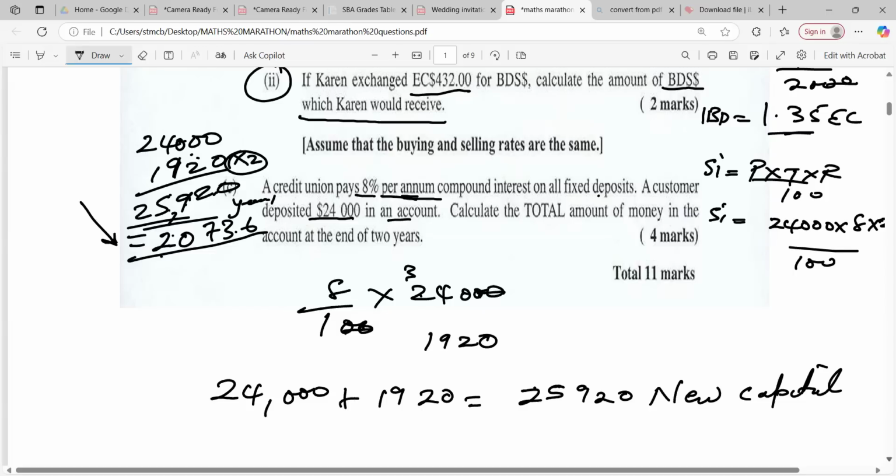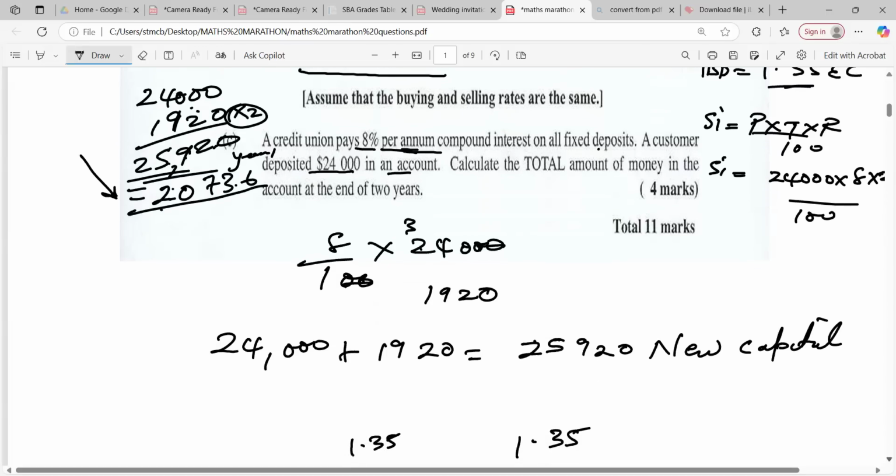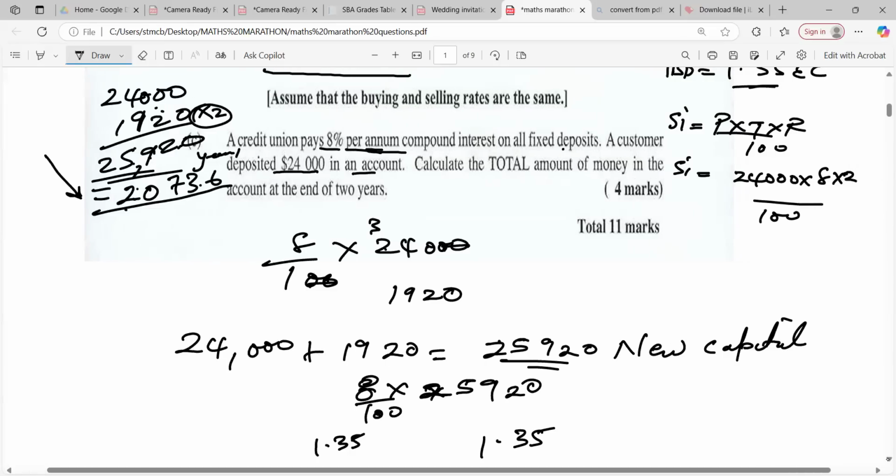So for year 2 now, we are going to find 8% again, but we are going to find 8% of this new number.